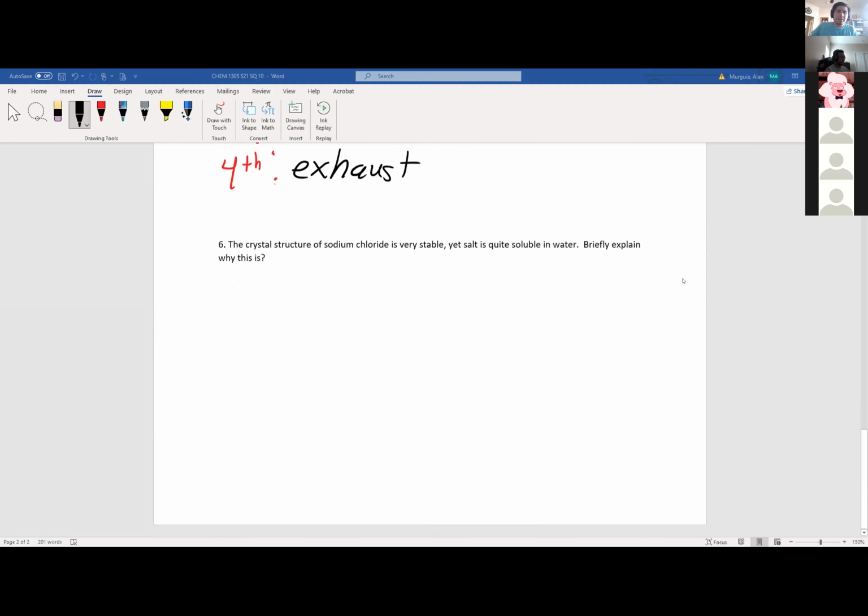So going on to the last one for this, for study question number 10. So we have number 6. So the crystal structure of sodium chloride is very stable, yet the salt is very soluble in water. So why is that the case?